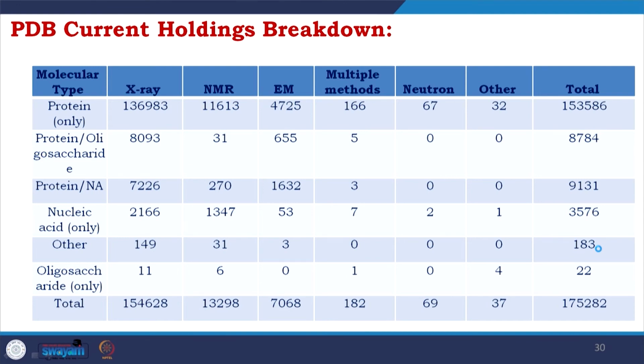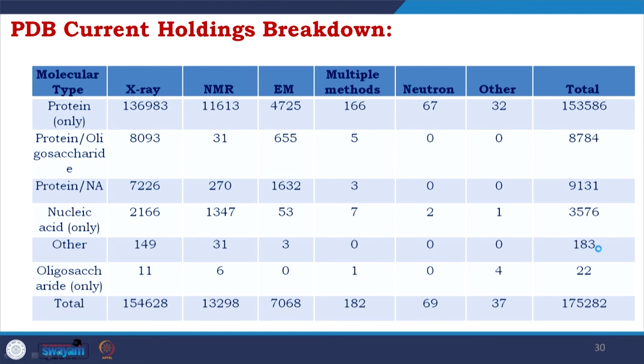There are other methods, neutron diffraction, combined methods and all, but if you combine protein oligosaccharide, for X-ray 8,000, electron microscopy 655, whereas NMR 31; protein nucleic acid again 7226 for X-ray, 270 for NMR and 1632 for electron microscopy, showing the steady increase of a potential technique which we discussed in our previous classes.